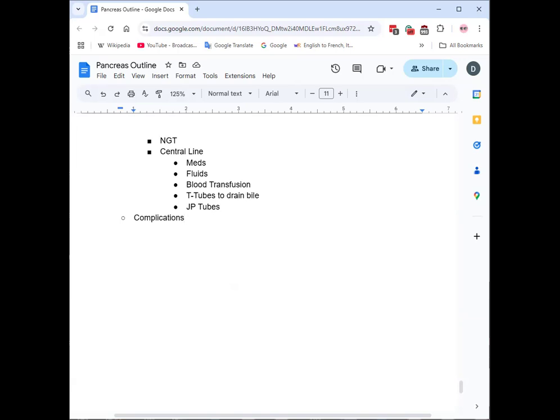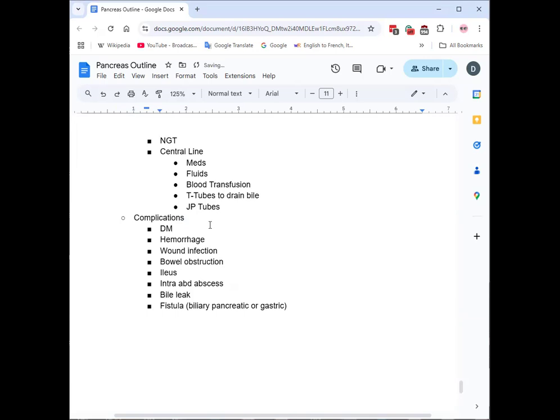And some complications, though again, I really don't think this is as much of an emphasis, so I just wanted to talk about it. Complications, as you can imagine, from having your pancreas get absolutely messed up: you can get diabetes, of course infection, hemorrhaging.